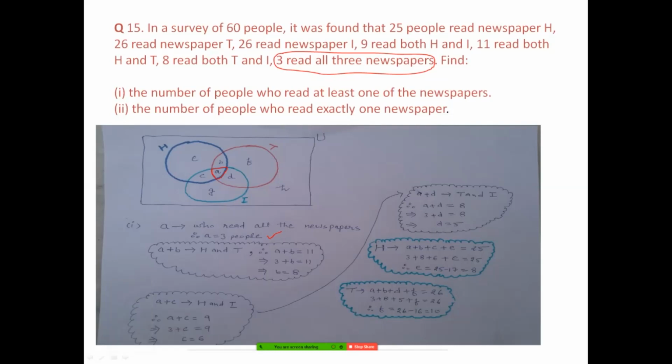Thereafter, 11 read both H and T. H and T means this portion, A plus B. A plus B is equal to 11.